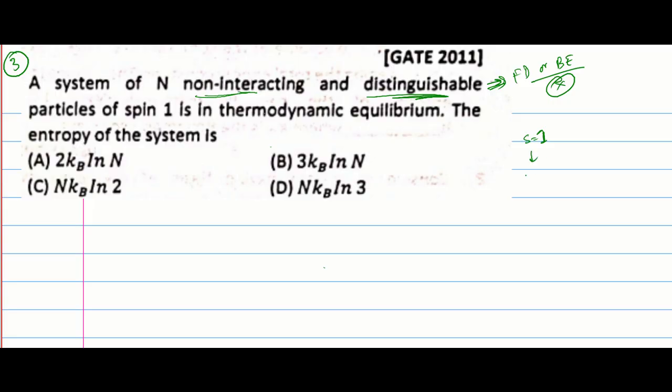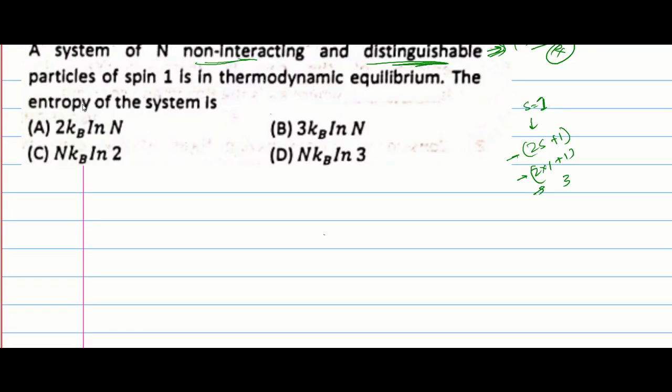Which means it can take 2S plus 1 energies. So 2 into 1 plus 1, it can take 3 possible energy states. Okay, so there are three energy states.